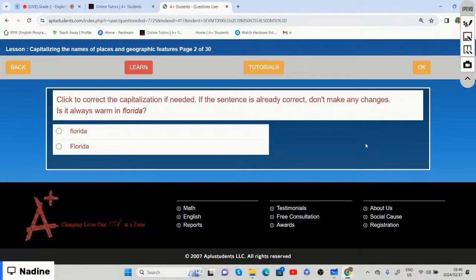Is it always warm in Florida? So is it always warm in Florida? We need to correct that word.